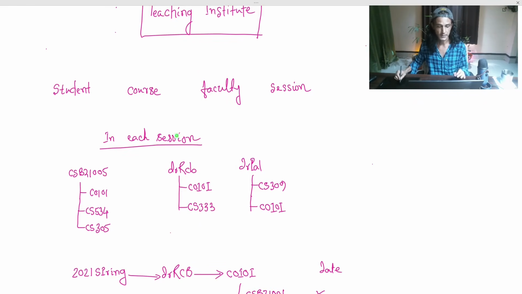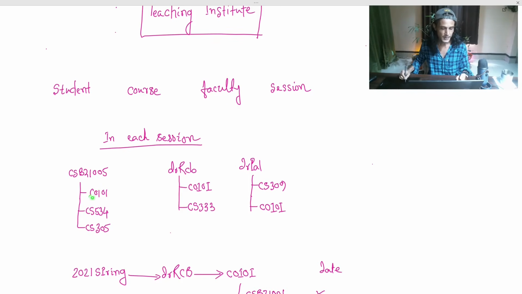Now, the second rule of the game is each faculty will be taking a set of courses in a session. In a given session, each faculty will be teaching a set of courses. He or she might teach 1 course, or more than 1 course. Like this, say for example, this faculty, Dr. RCB, suppose he teaches CO101 and CS333.